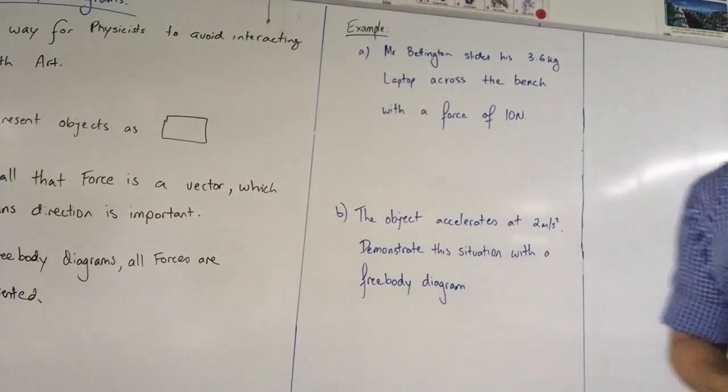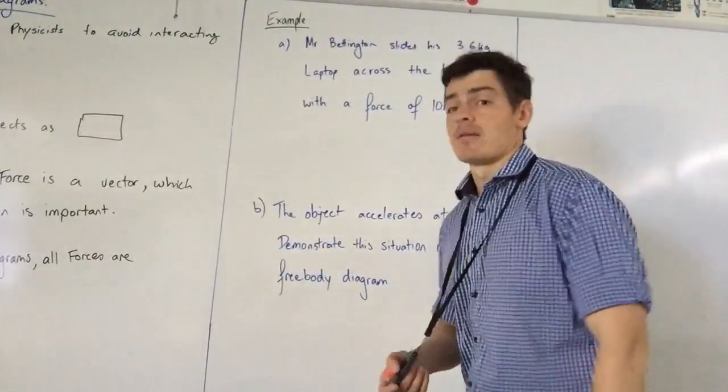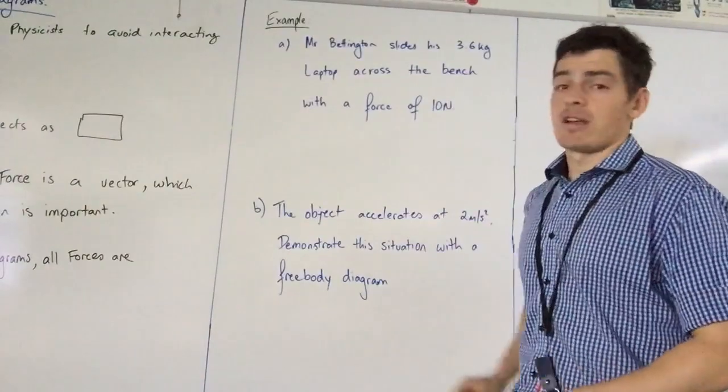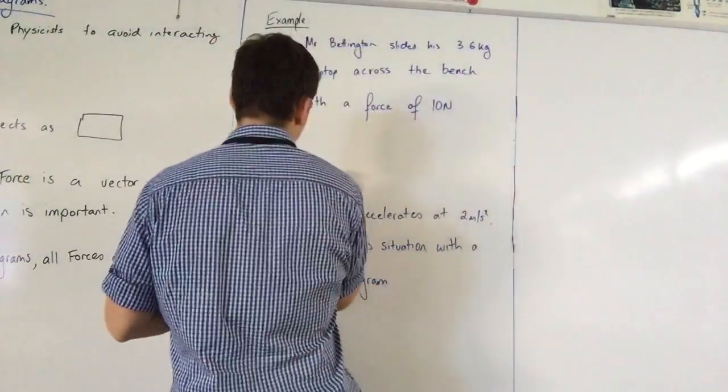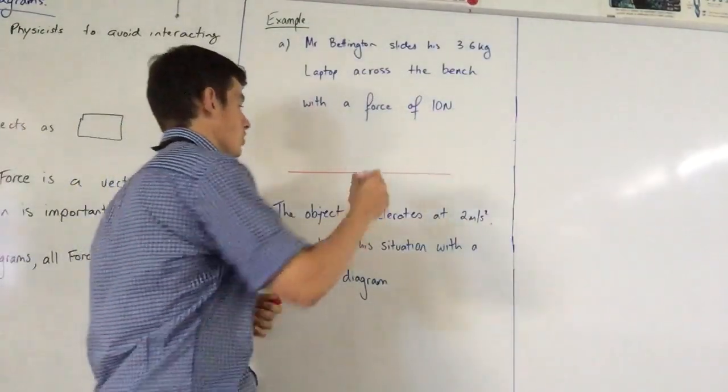So let's have a look at our first example. The first example I've got involves me sliding my 3.6 kilogram laptop across the bench. With a free body diagram, I'm going to draw my bench, very artistic, and I'll draw my laptop.